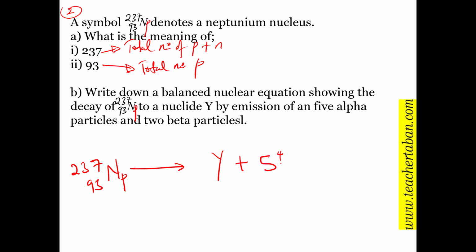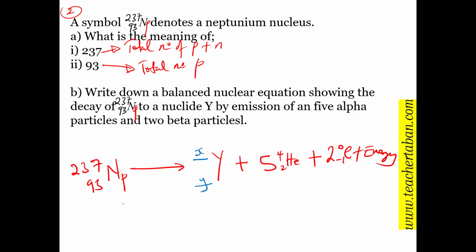So I have my 4 2 helium, and then plus 2 beta particles, 0 -1 e, then plus the energy. So all I have to do is to find out what is missing here and then what is missing there. I will give this one my letter X, this one my letter Y, and I find out the values of this.